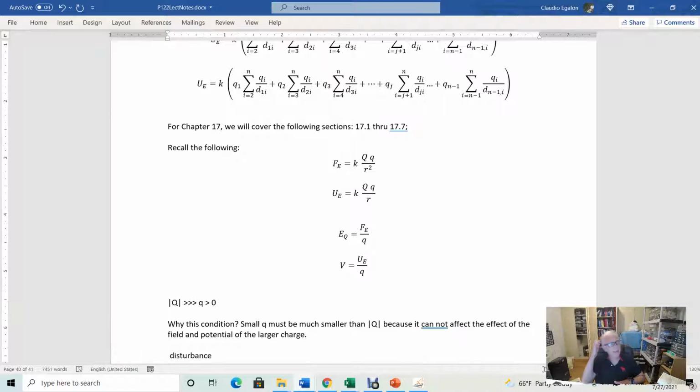It's just like having the Earth, which is a big mass, and an apple that is a much smaller mass.